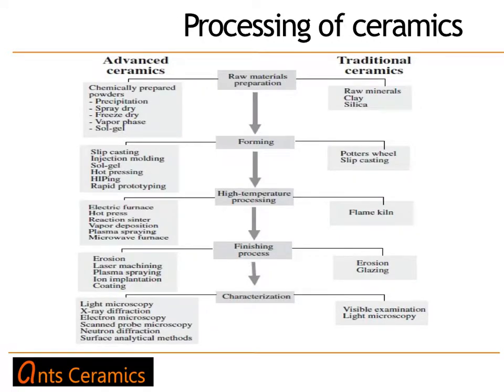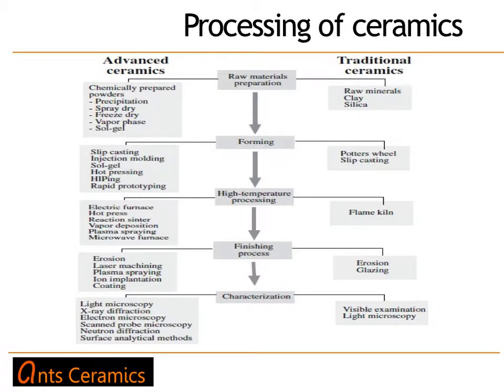In the processing of ceramics, when we look at advanced ceramic processing techniques and traditional ceramic processing techniques, the main unit operations are nearly the same: raw material preparation, forming, high temperature processing, finishing operations, and characterization.